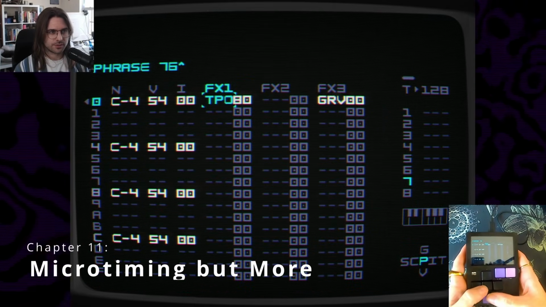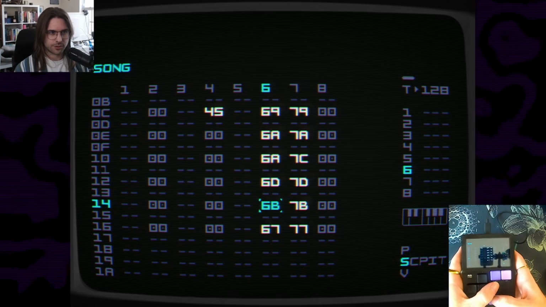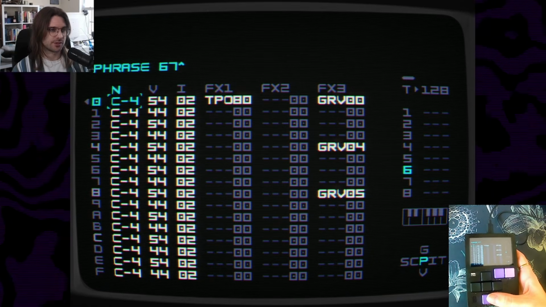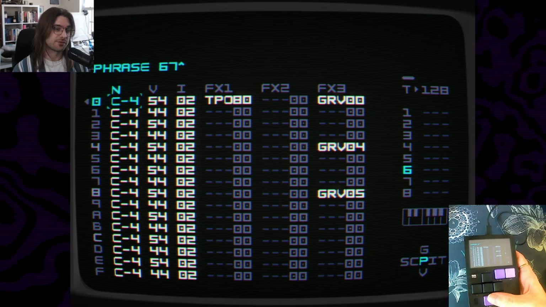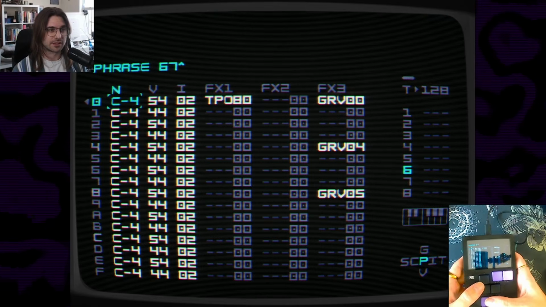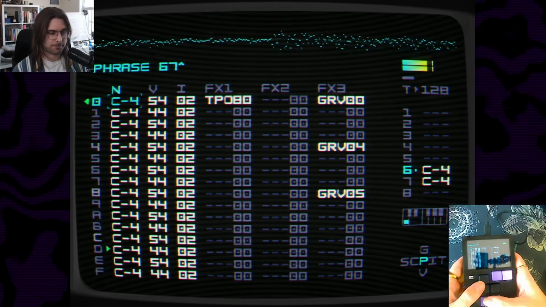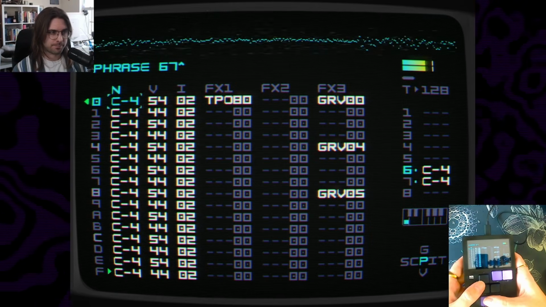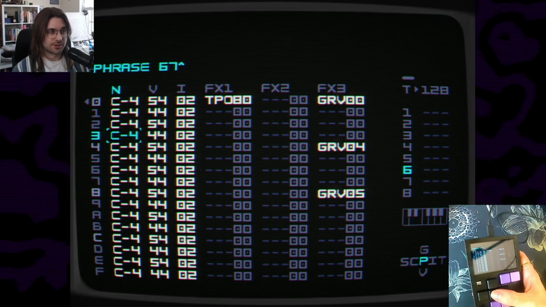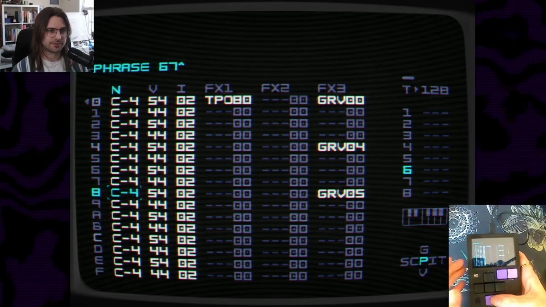So something else we can do with grooves is we can get our phrase to move like twice as fast or half as fast. So if I play something like this, what we're hearing is 4 16th notes, 4 8th notes, and then 8 32nd notes.